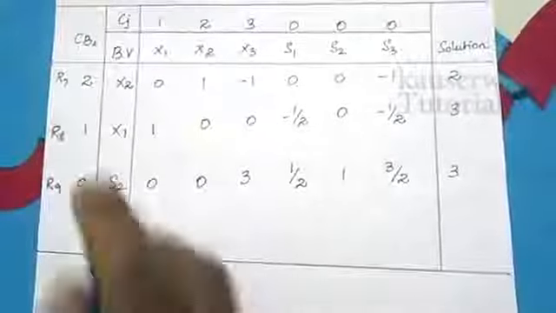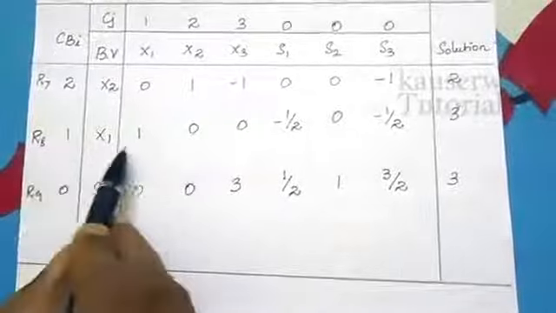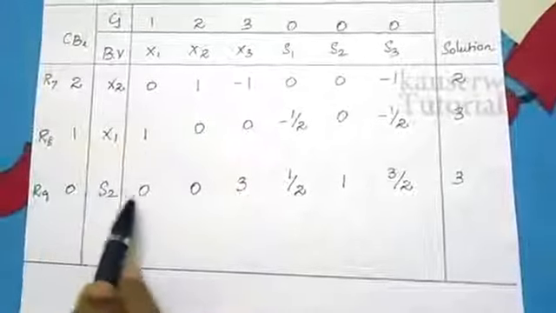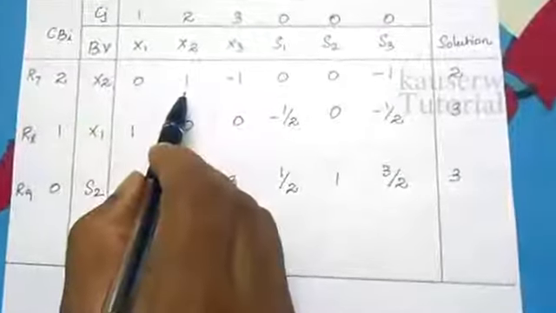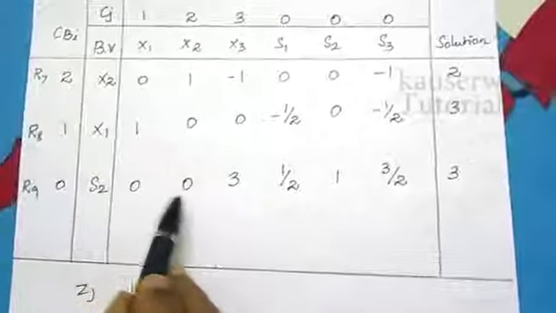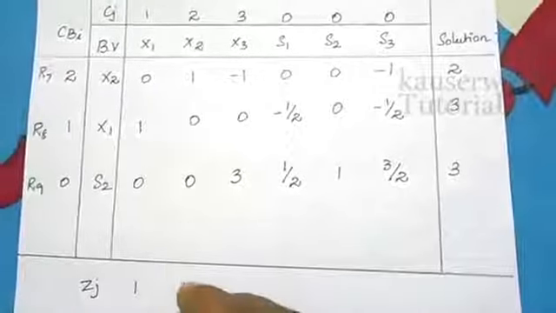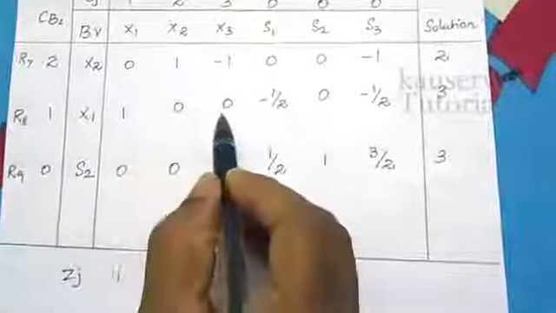For Zj value, see the first one, 2 into 0, 0, plus 1 into 1, 1, plus 0 into 0, 0. So the answer is 1. For x2, 2 into 1, 2, plus 1 into 0, 0, plus 0 into 0, 0. So the answer is 2. Next one, 2 into minus 1, minus 2, plus 1 into 0, 0, plus 0 into 3, 0.